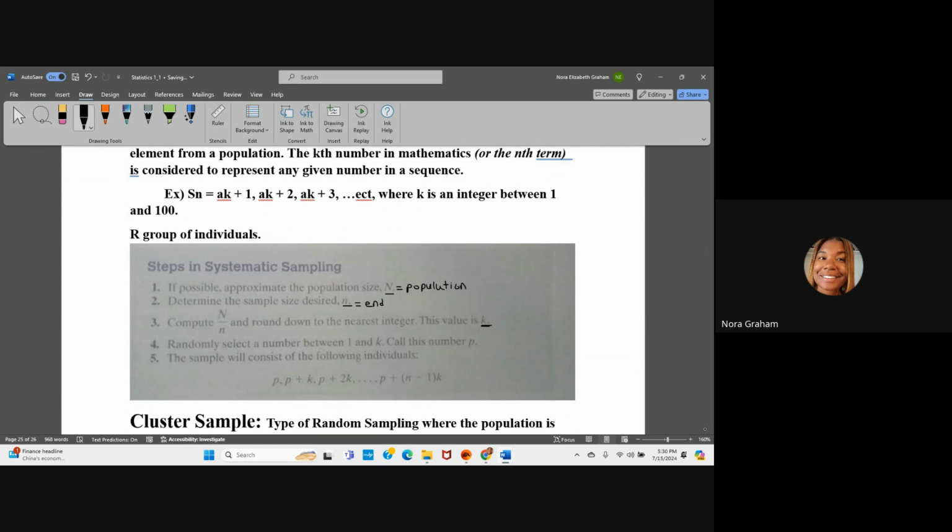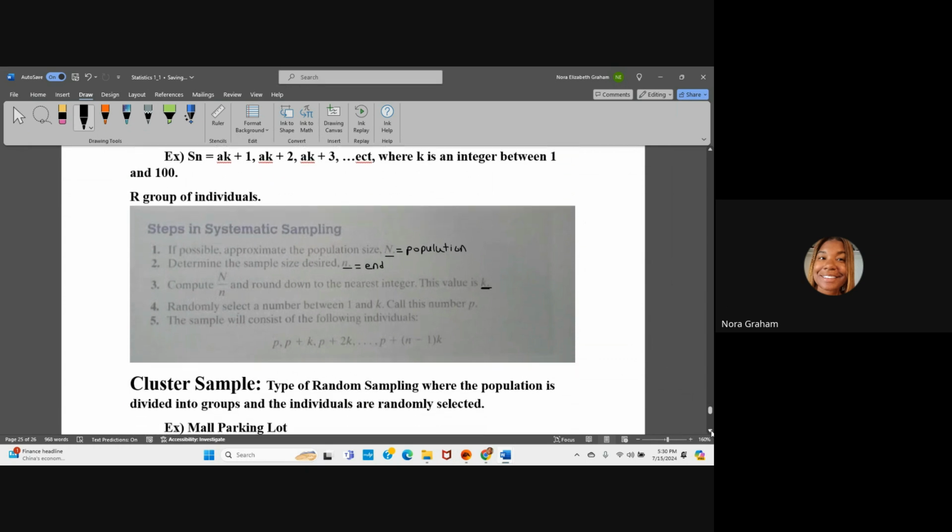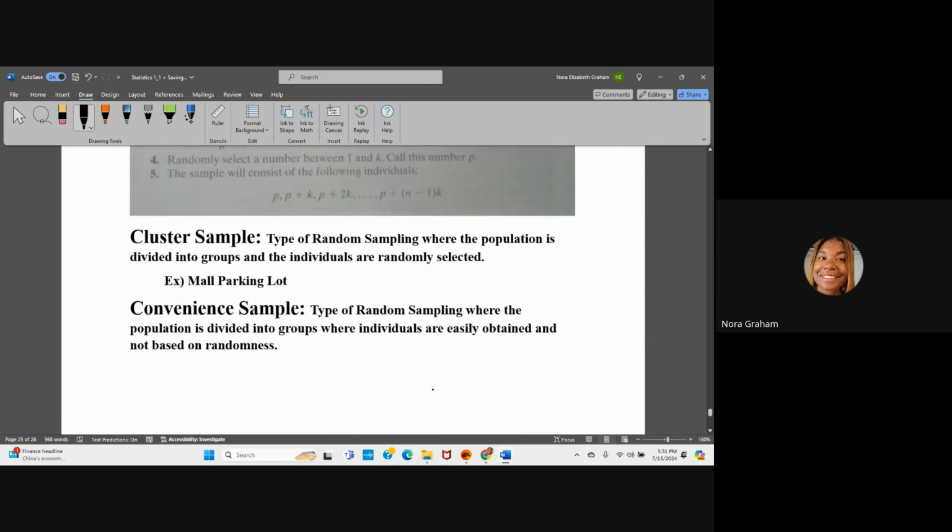Okay, let's look at the next one. This one's going to be cluster sample. It's a type of random sampling where the population is divided into groups and the individuals are randomly selected. The best example I came up with is a mall parking lot.